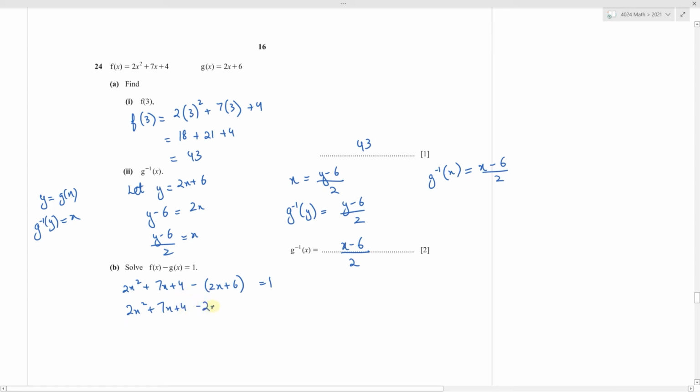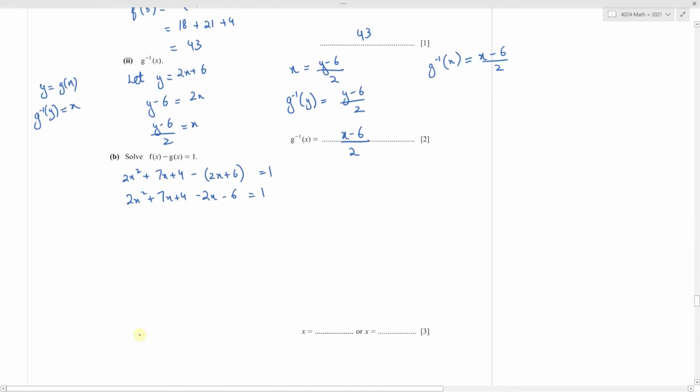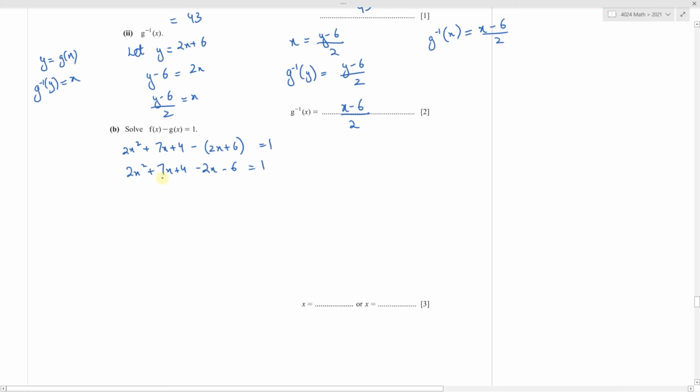This will become minus 2x, and minus will become minus 6, equals 1. 7x minus 2x will be 5x. 4 minus 6 is minus 2. Minus 2, and this minus 1 equals 0. 2x square plus 5x minus 3 equals 0.